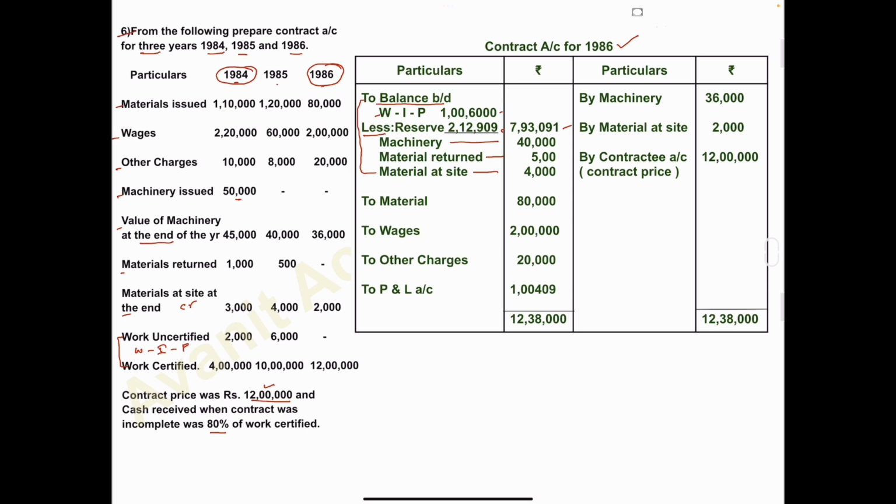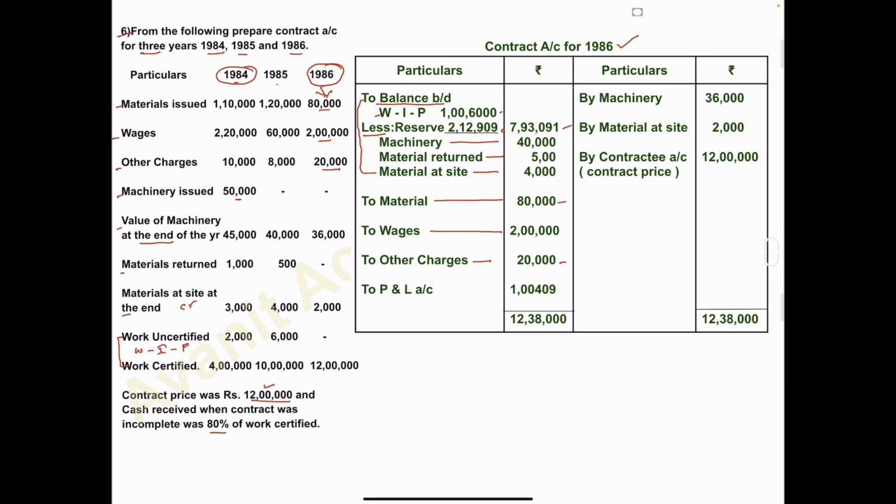Clear this first part? Next, we'll see the 1986 year information. Material issued 80,000, right? To material 80,000. Wages 2 lakh. To wages 2 lakh. Other charges 20,000. To other charges 20,000.